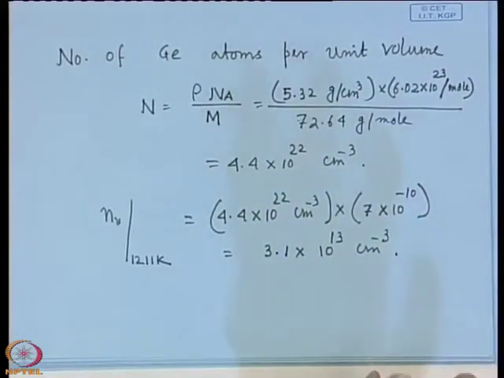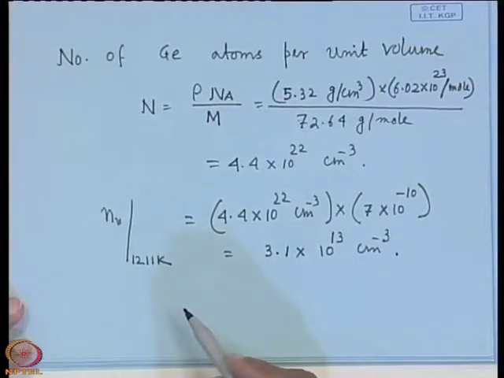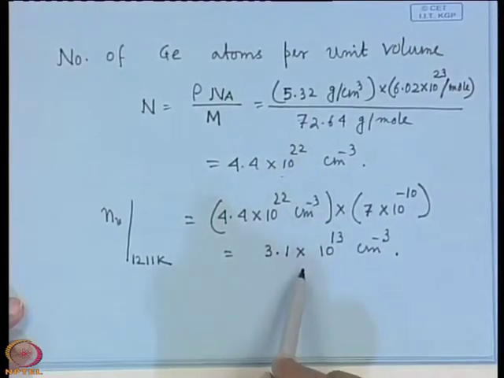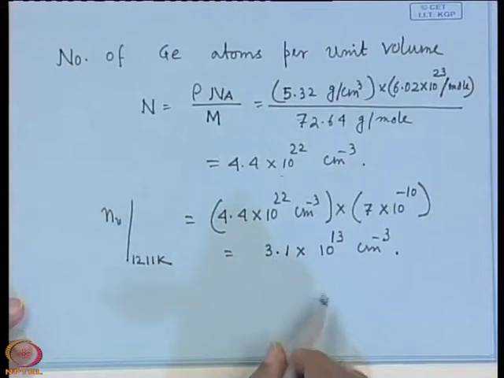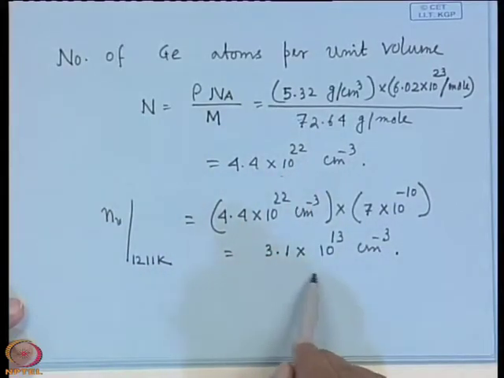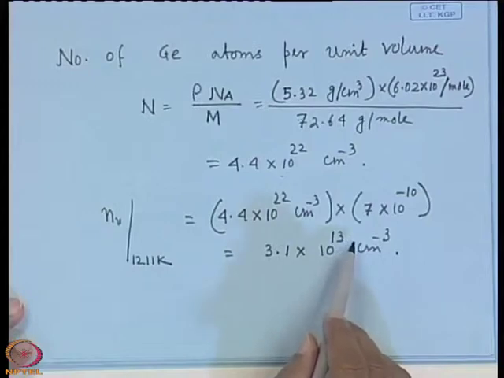Now, if you take the ratio between the number of germanium atoms and the number of vacancies, what do you find? That means 4.4 into 10 to the power 22 divided by 3.1 into 10 to the power 13.